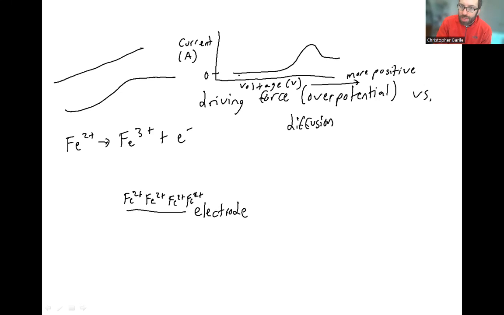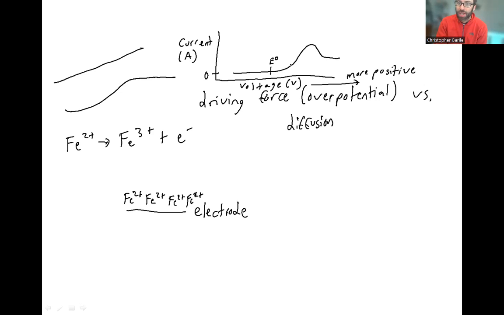Now, as we increase the voltage, nothing happens until we reach a point where we're past the standard reduction potential, the thermodynamic potential where this reaction can occur. We'll call that E naught. It might take a while to go past the E naught before this happens, depending upon the kinetics of the reaction. But at some point, we're applying a strong enough oxidative driving force to start this reaction.